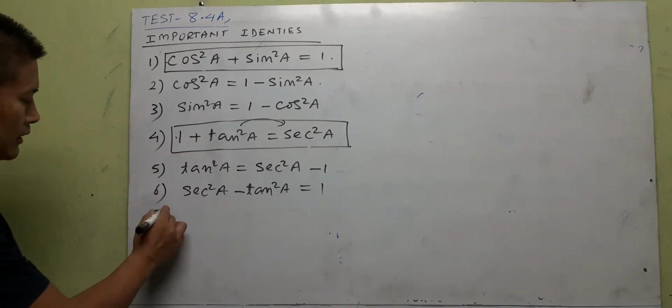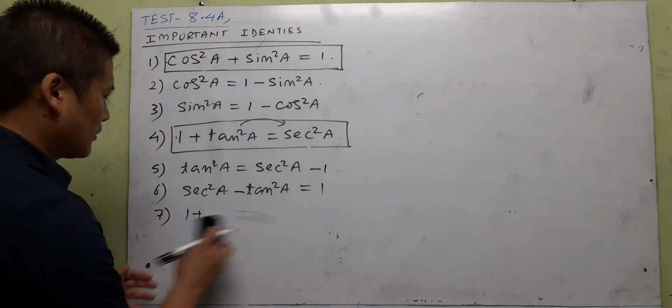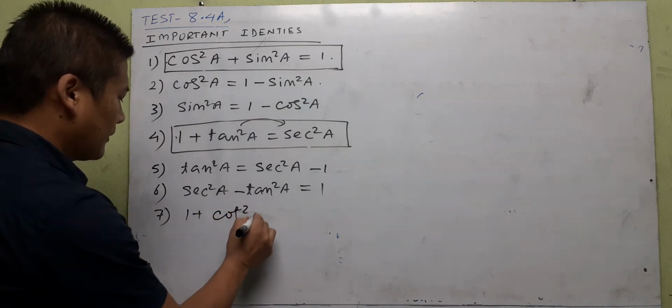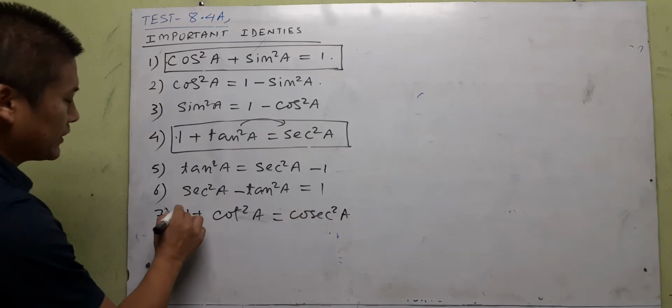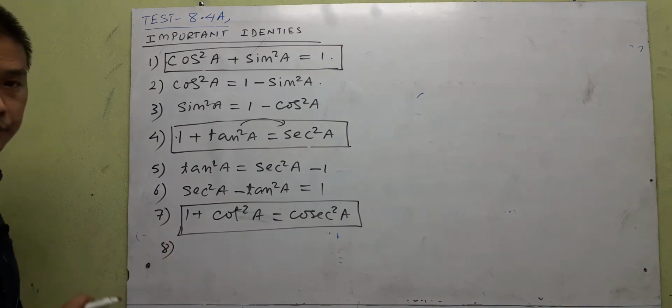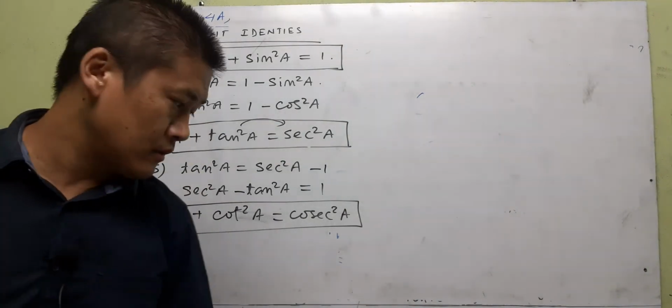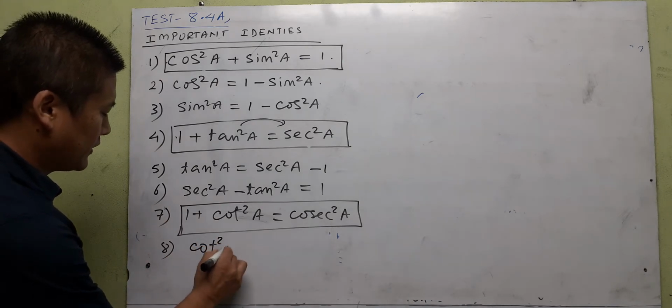Then the next one, another main identity is 1 plus cot square a, okay, is equal to cosec square a, that we're going to use frequently in this next exercise. So we get 2 more out of this, just like the first 2 boxes. So here, if you write the cot square a, don't move that.